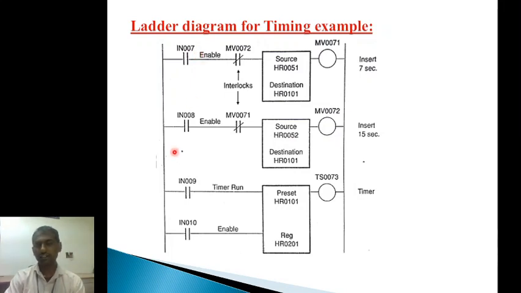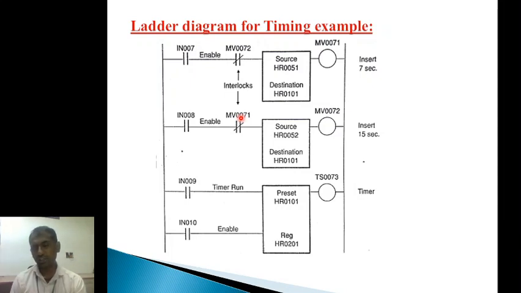But here our intention is how the data is transferred from one register to another, because now we are discussing the move function, not the timer function and not the enable input. We can observe the move function, and here we have another two contacts, which are interlocks.